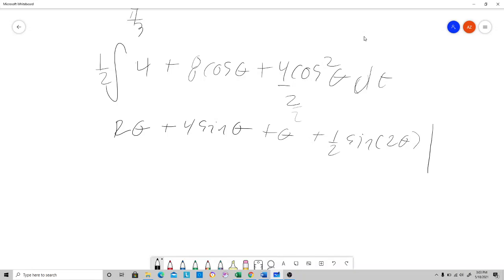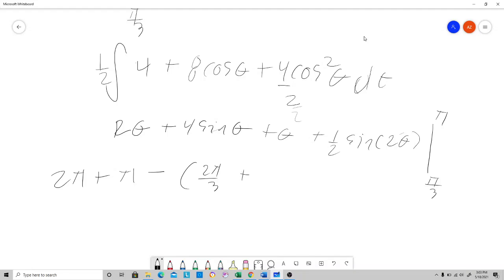Okay, so now our limits are from pi over 3 to pi. So we do the pi, so it would be 2 pi plus, this will go away actually, pi, and then this should go away. Okay, so now we have minus 2 pi over 3.